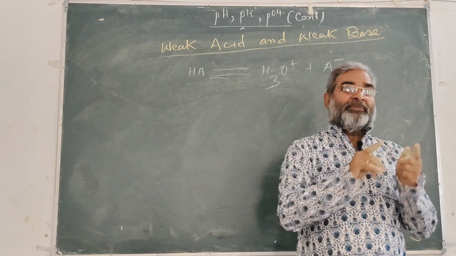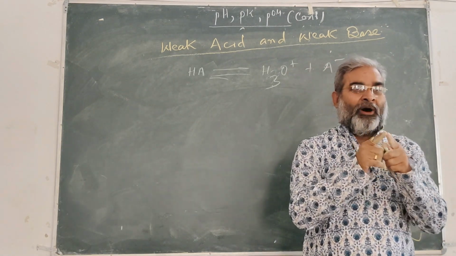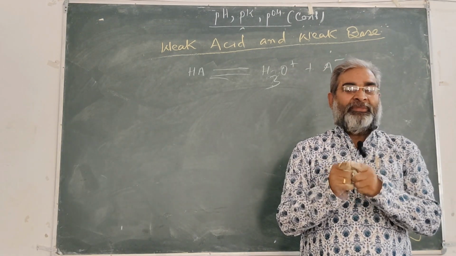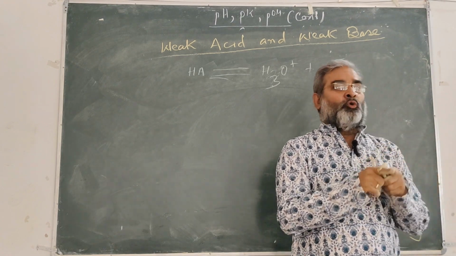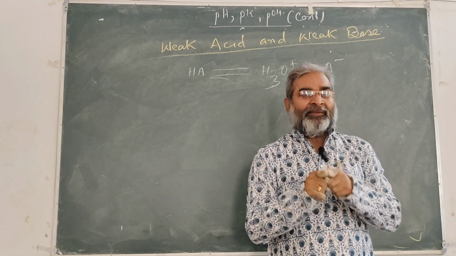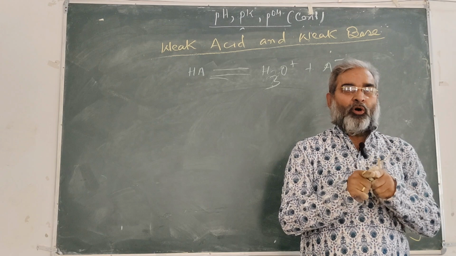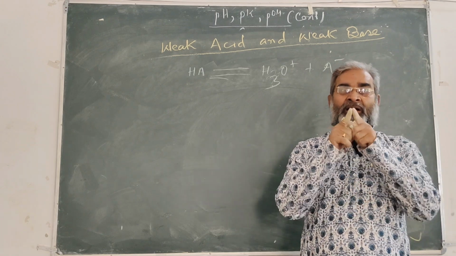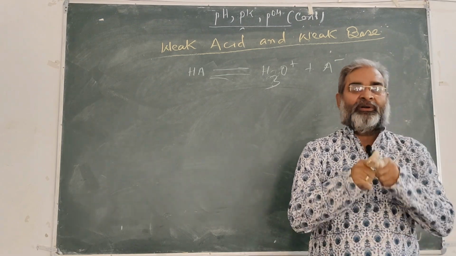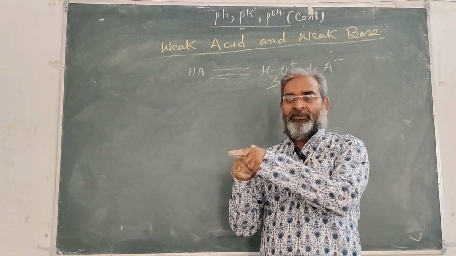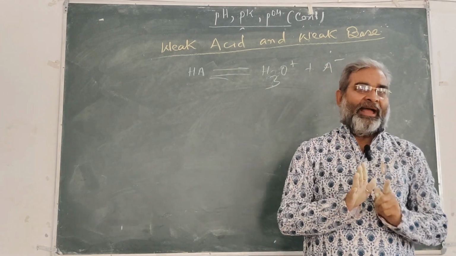At the same time, the H2O also has the capacity to release 1 H plus ion. That means water is also capable of producing H plus ion. And in a weak acid, the ionization of the water itself also has an effect on the total ionized H plus or OH minus ions.